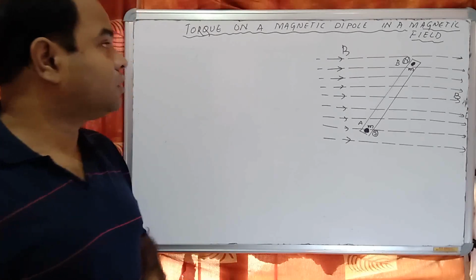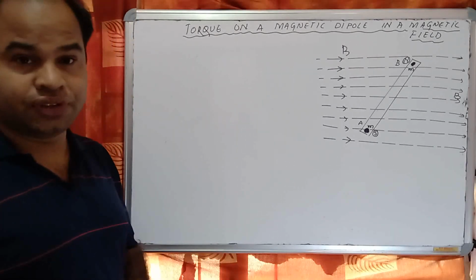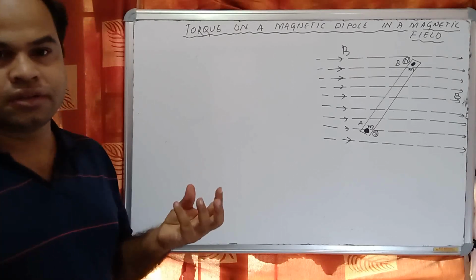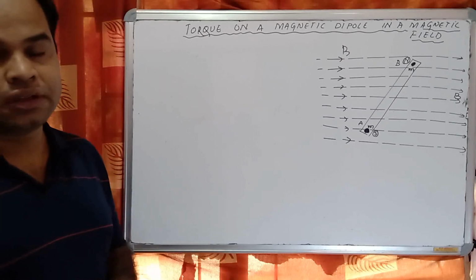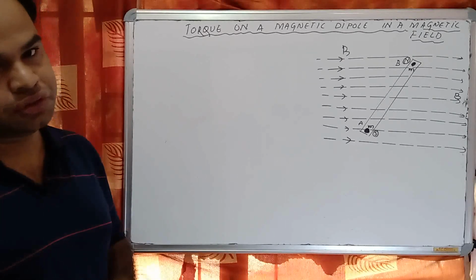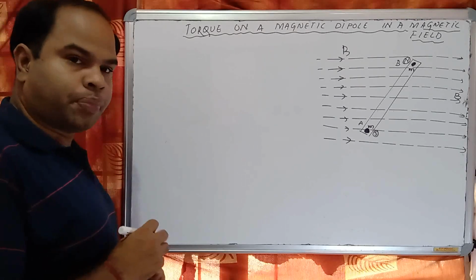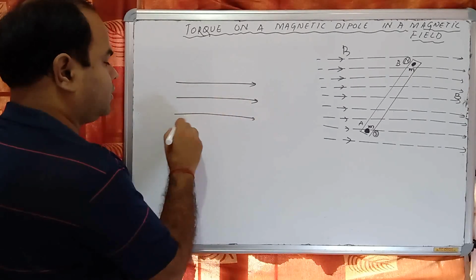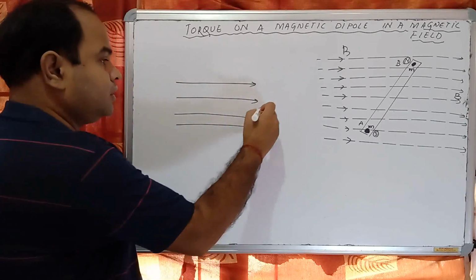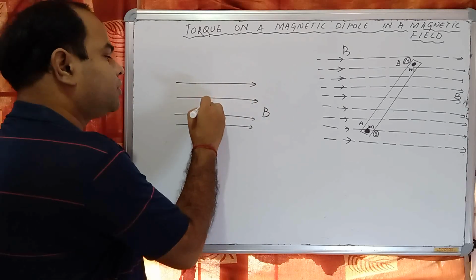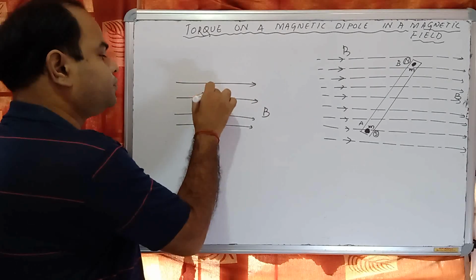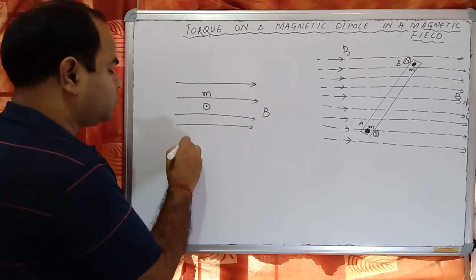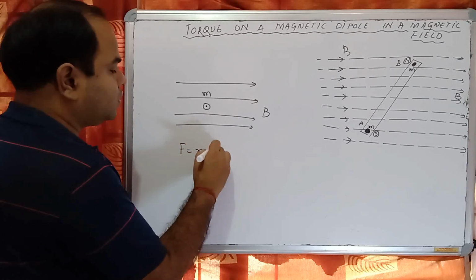Again, torque on a magnetic dipole in a magnetic field. Okay, before moving to this, let us discuss a few points that will be used in this section. First, we should know that if an isolated pole is placed in a magnetic field, then a force will act on it. This force is equal to pole strength into magnetic field.